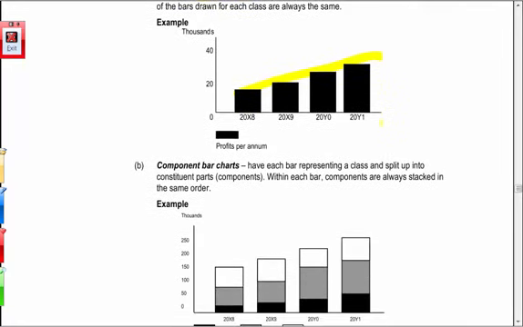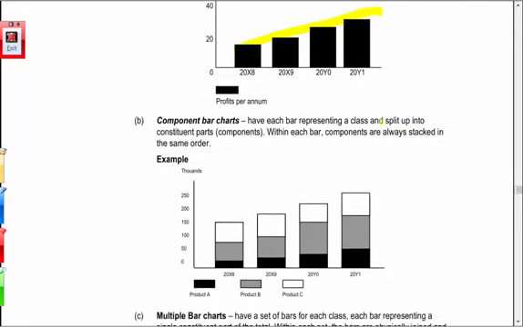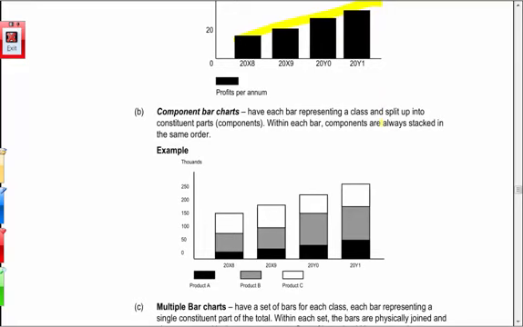A component bar chart then is a similar idea, but we're going to have different components for each year. And they'll always be stacked in the same order so that you can see the relative importance of each of the components. So what we've got here then in B are the sales of the different products. This has got twofold benefit.